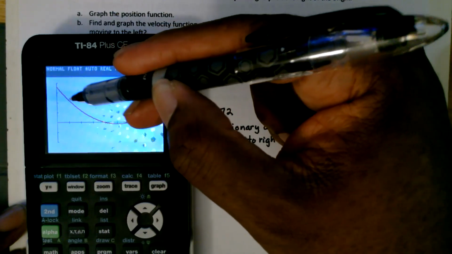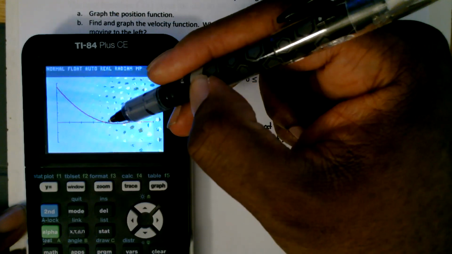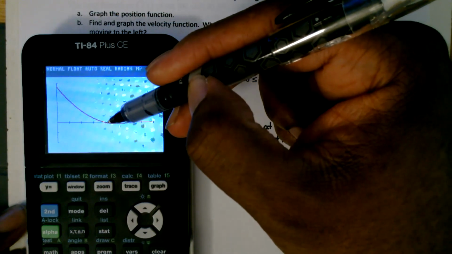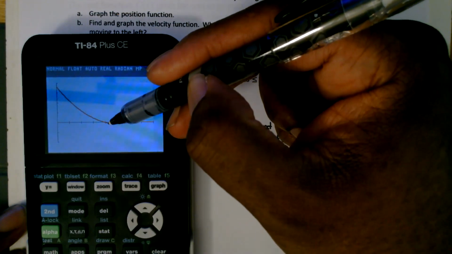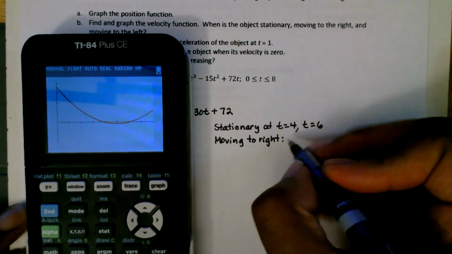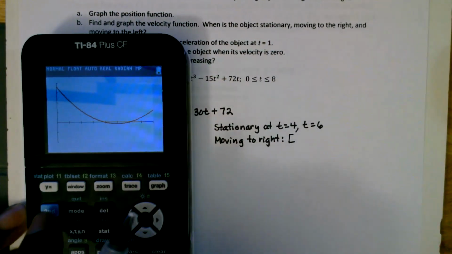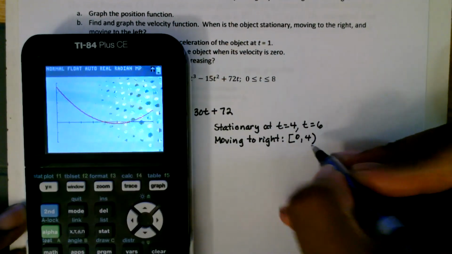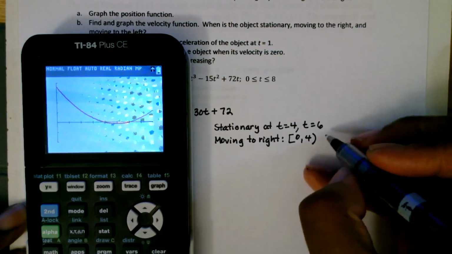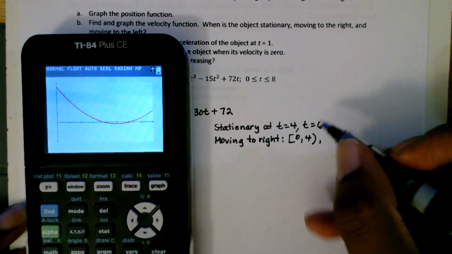So from 0 up to 4 is positive, it's above the x-axis. So from 0 to 4, it's moving to the right. So from 0 to 4, and we do not include 4 because it's stationary at 4.